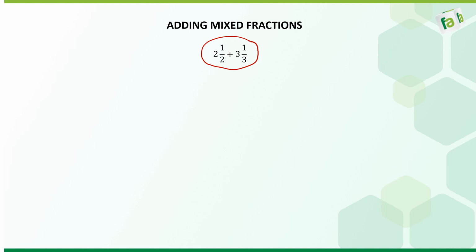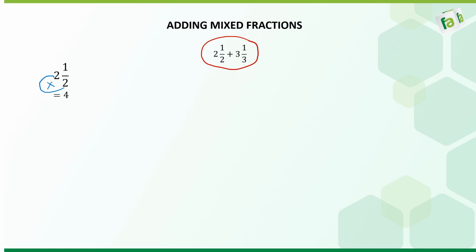To convert 2 and 1 by 2, we will multiply the denominator by 2 and then we add the answer to the numerator. What is the denominator here? Yes, it is 2. So we will multiply 2 into 2, which will give us, correct, 4.